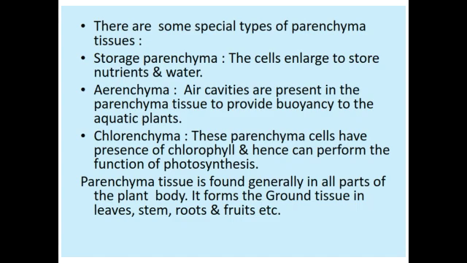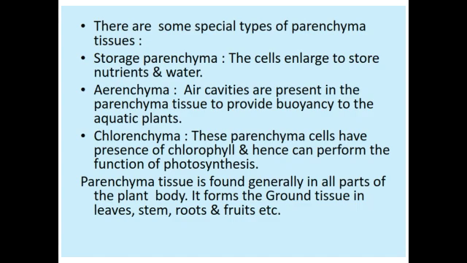Chlorenchyma has chlorophyll, a pigment which gives green color to the plant, and this green color is essential for the photosynthetic process, in which it receives sunlight to get its food. So these are the three types of parenchyma: storage parenchyma, aerenchyma, and chlorenchyma.